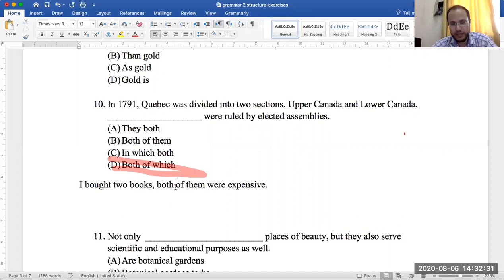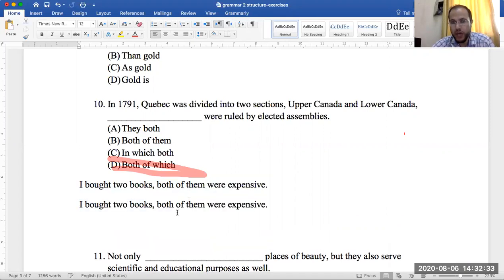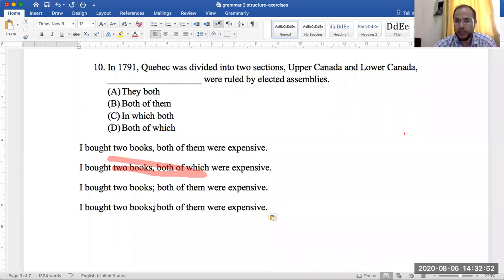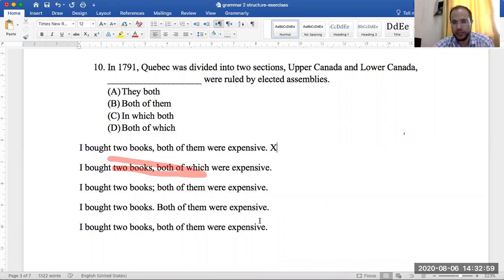How do you make it right? More than one way. I change them to which, both of which. The difference is that them is not a subordinator or a connector, but which is a subordinator. It makes a complex sentence. Another way: I put a semicolon instead of the comma, because the comma doesn't connect. A third way: a full stop and a capital B. Correct. A fourth way: a coordinator, and both of them were expensive, or something like this.